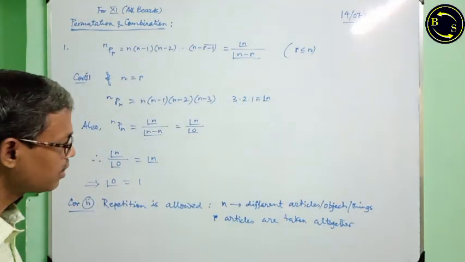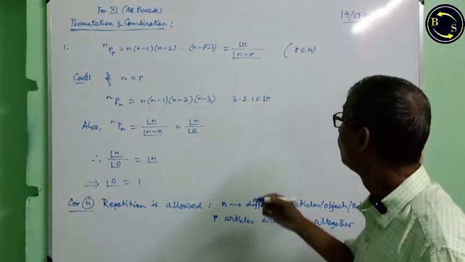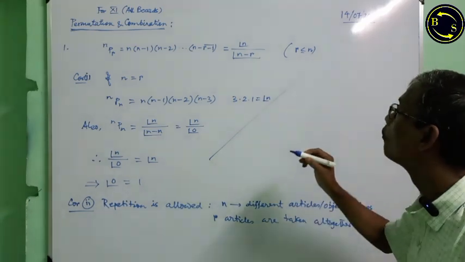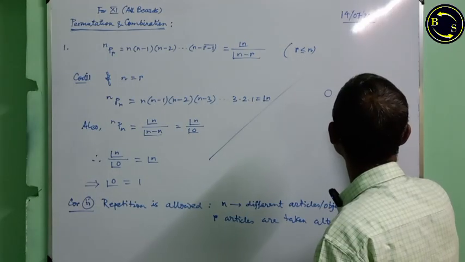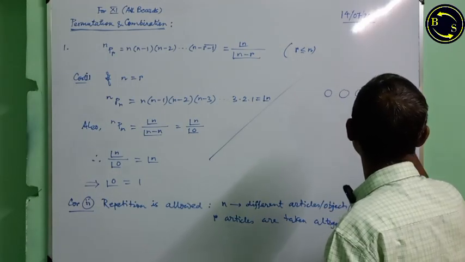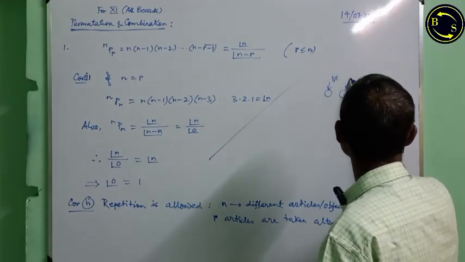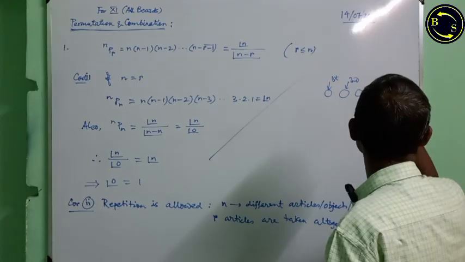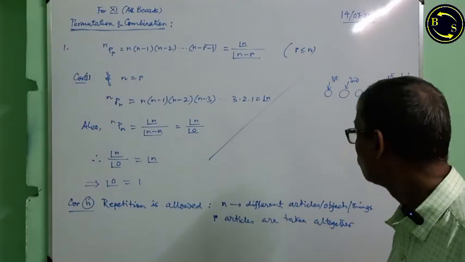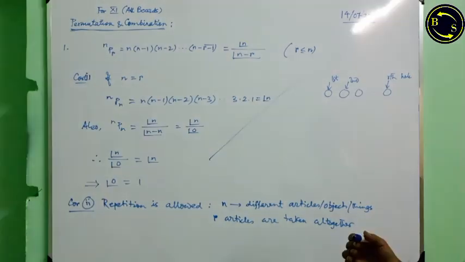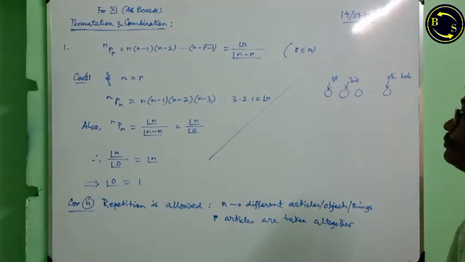We can explain that by considering the matter that there are holes. This is the first one, this is the second one, this is the rth hole, and we are given n different marbles as discussed initially.